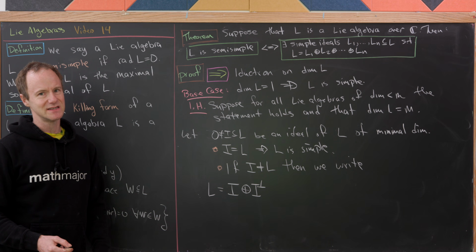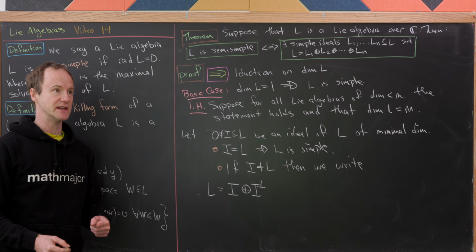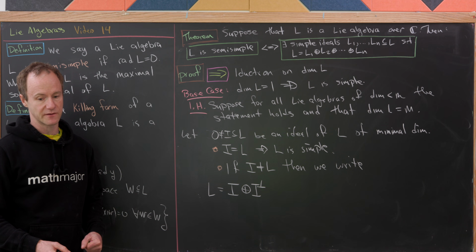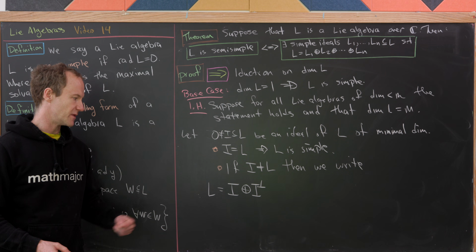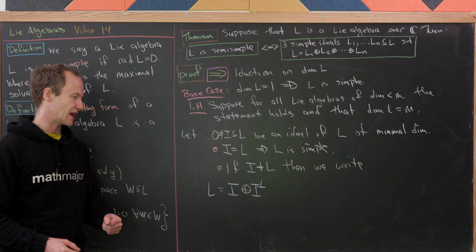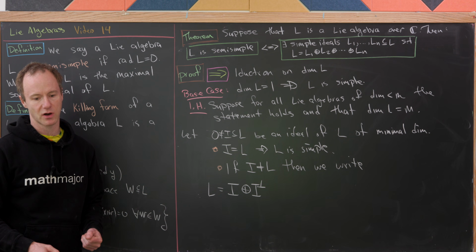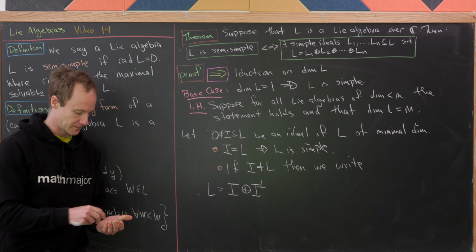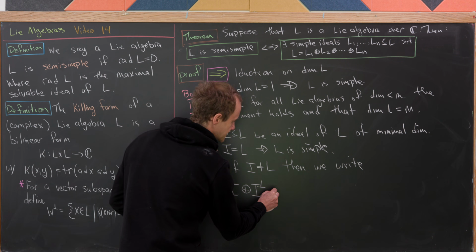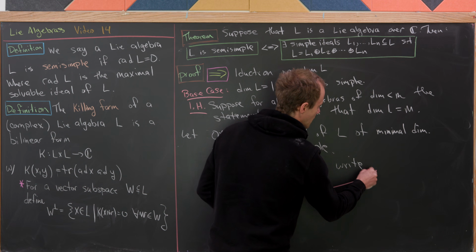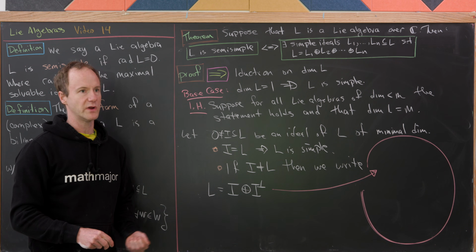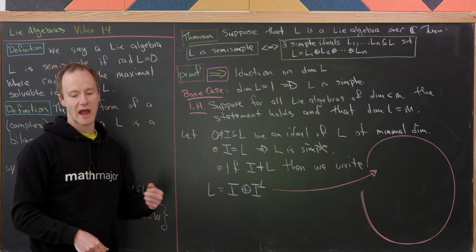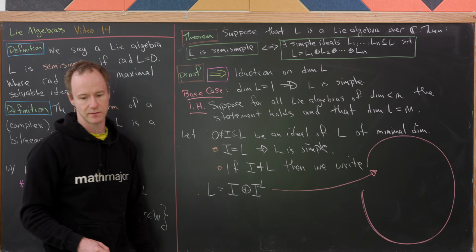Now this is not totally evident by the definition of the Killing form, but it in fact follows from the fact that we can show that I and thus I perp are both semisimple. And let's maybe explore how we know, not that they're semisimple, but how we know that we get a direct sum here after showing that they are semisimple.